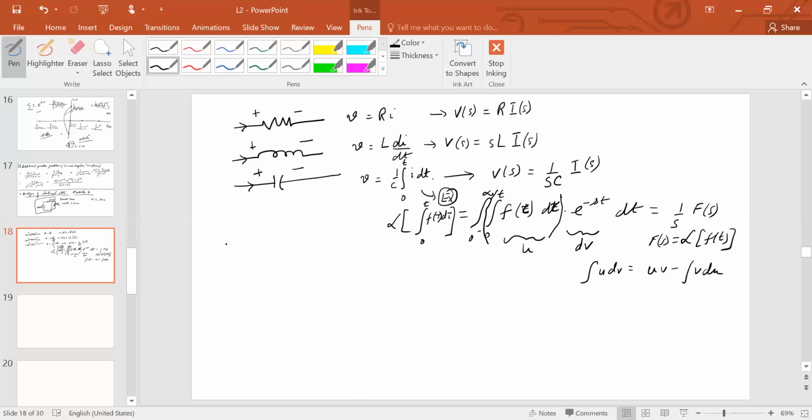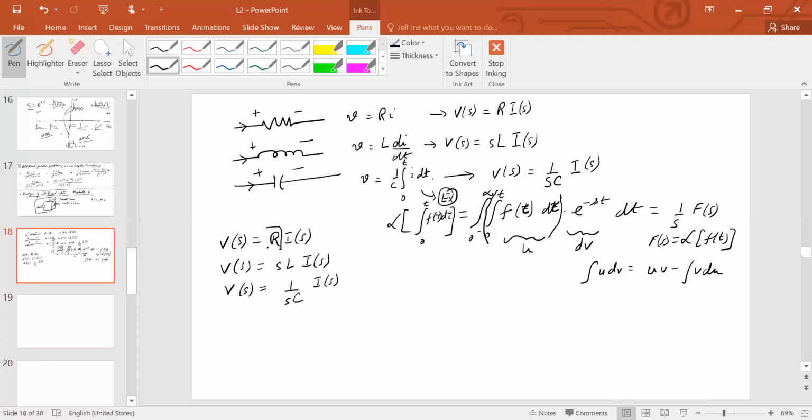Okay, the point is that when you have these expressions in the time domain, by the same token, you can write the expressions in the Laplace domain as V(s) = R I(s), V(s) = sL I(s), and V(s) = (1/sC) I(s).